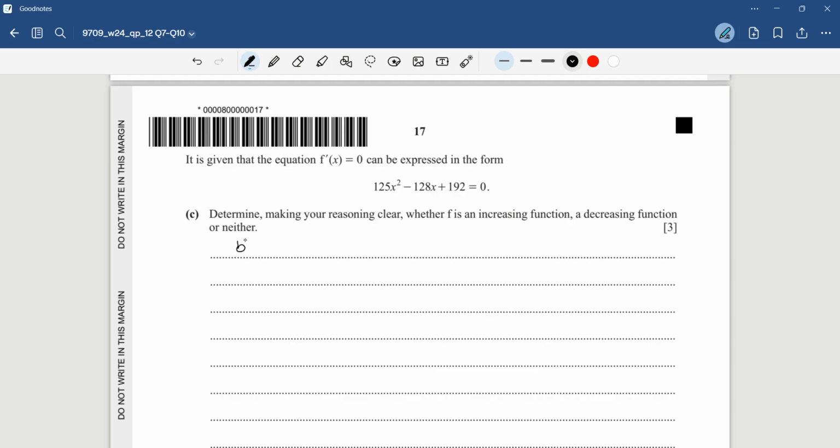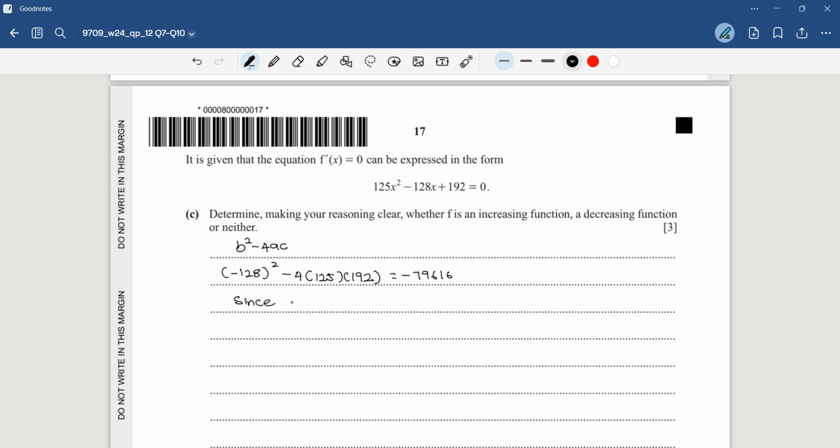So we do b square minus 4ac first. So negative 18 square minus 4ac. So I got negative 79616. Okay.